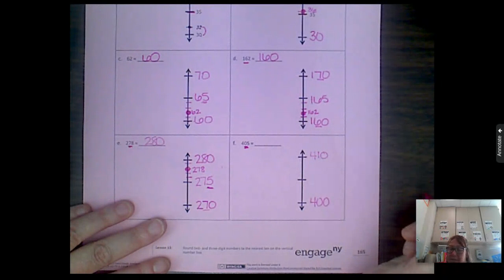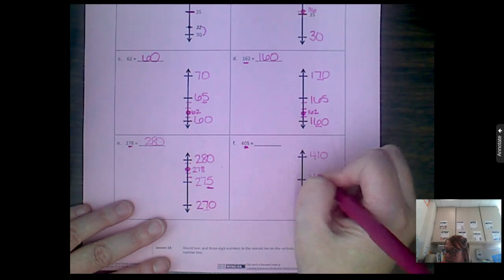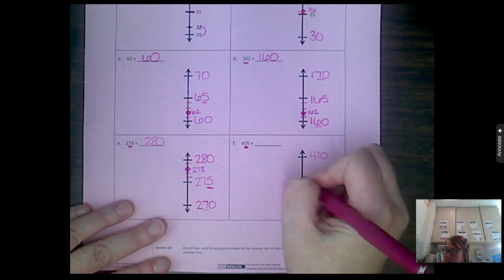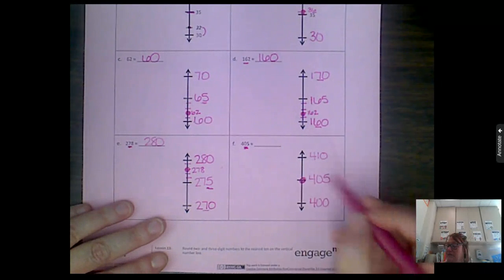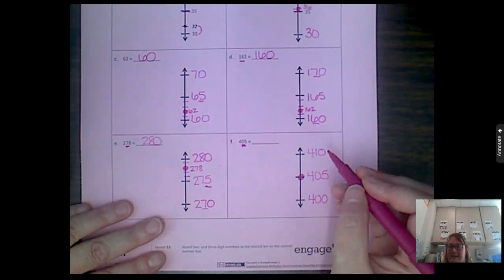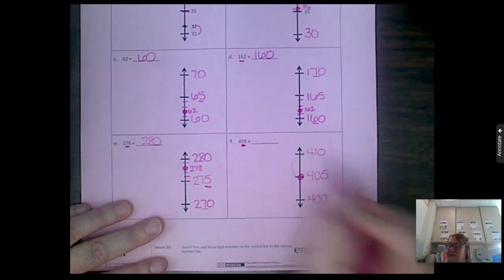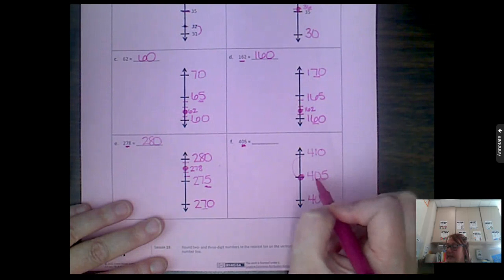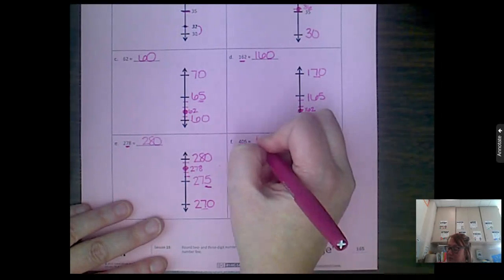And then what would go right in the middle? 405 is right in the middle between 0 and 10, right? So here's the thing. It's right in the middle. So because it's right in the middle, would this round down to 400 or would it round up to 410? It's going to round up. So remember we said 5 or above, give it a shove. So since it is that 5 mark, it gets a shove up to the 10, which would round up to 410.